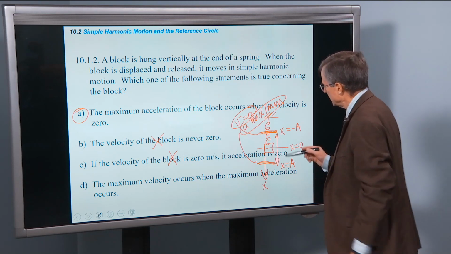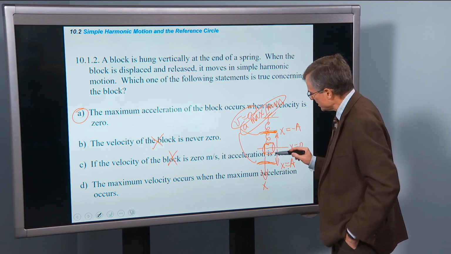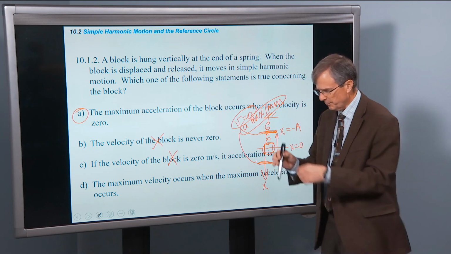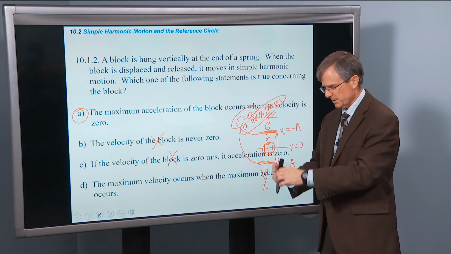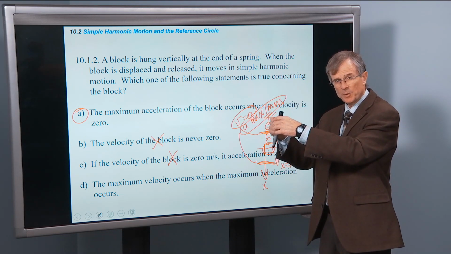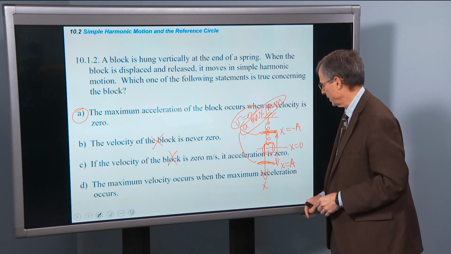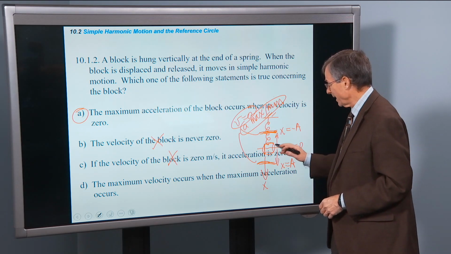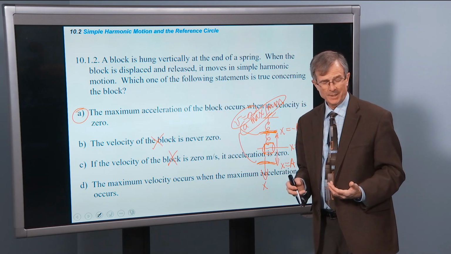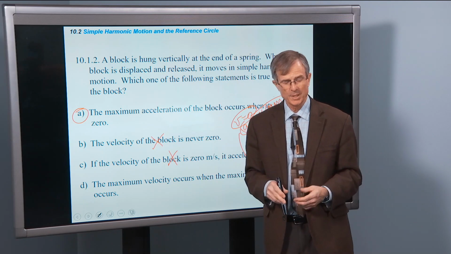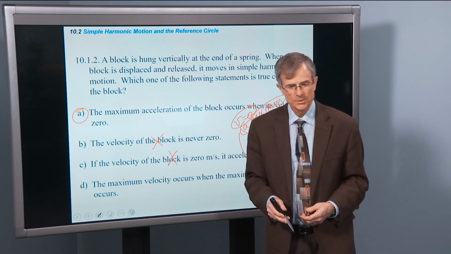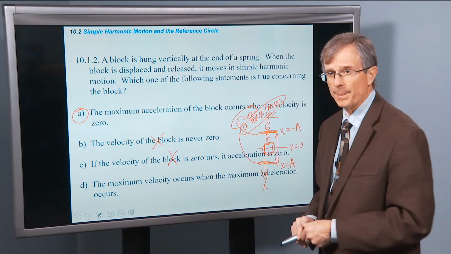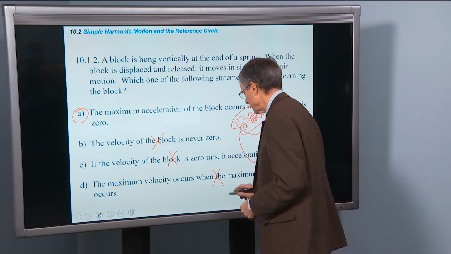Well, the maximum velocity occurs when it passes through the equilibrium position. It stopped up here, it stopped down here, it reaches its maximum velocity right in that center point. But in that case, the net force on it is going to be 0. And so the acceleration is certainly not a maximum when that maximum velocity occurs.